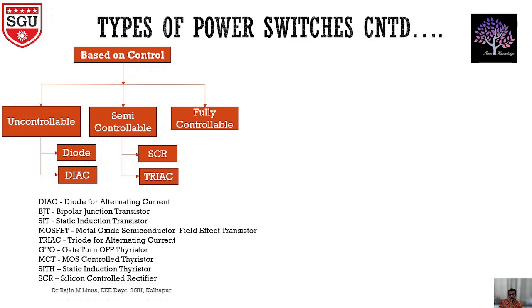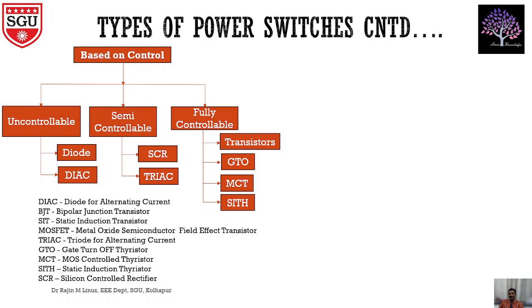We can control, but we cannot fully control, we can only half. That is why it is called semi-control. Fully controlled: SITH is fully controlled, MCT, GTO and transistors all are fully controlled. So this is what we have to understand about how we can segregate the power switches based on the control.